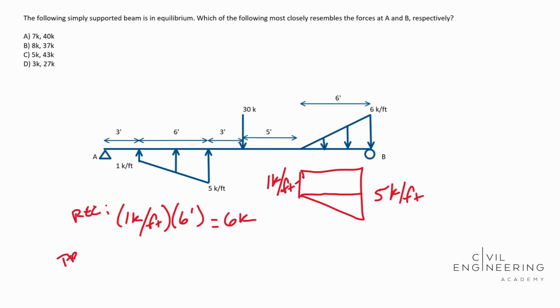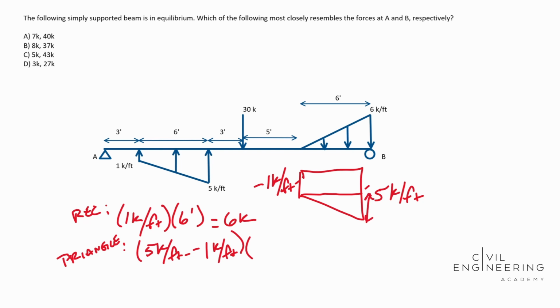And for the triangle, you're going to be looking at 5 kips per foot minus 1 kip per foot. Okay. Times, because we have 5 kips per foot on this side and 1 kip per foot over here, so we need to solve for this guy.